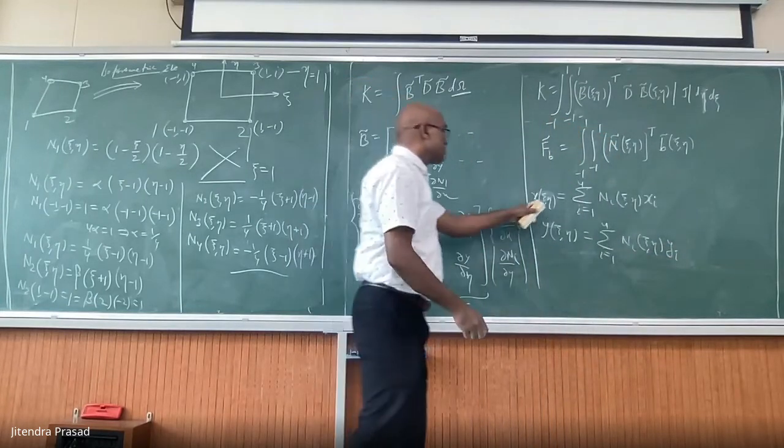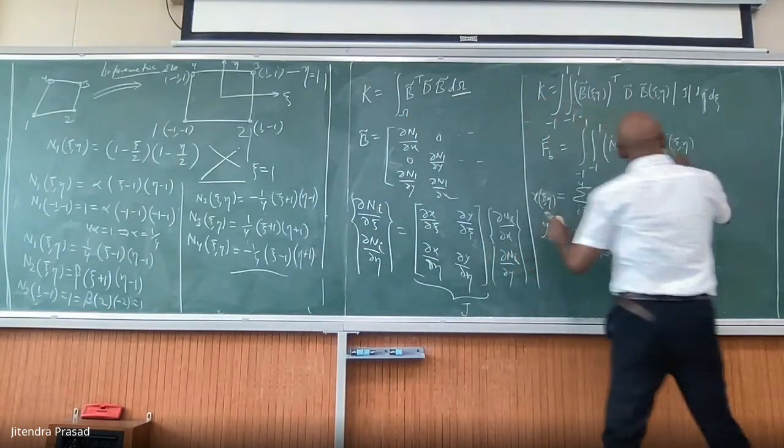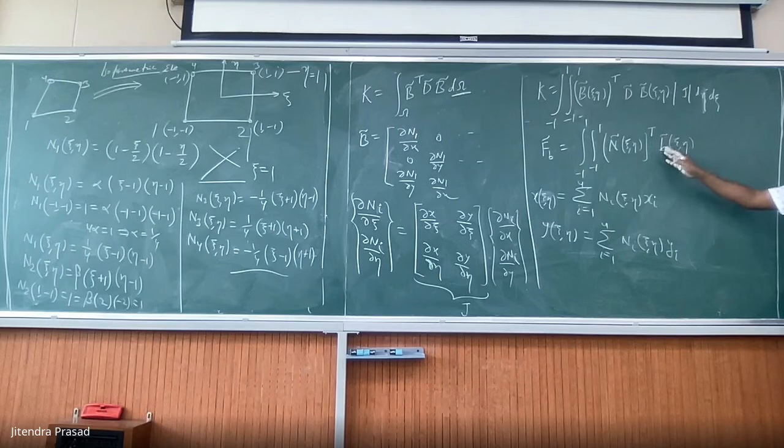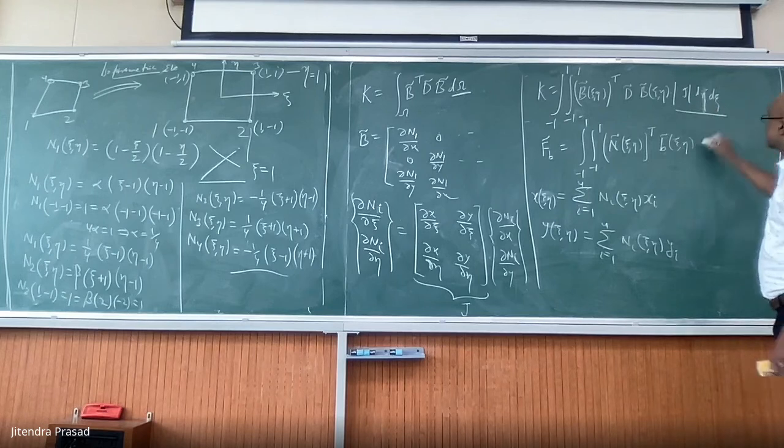So you replace any x, y inside the body force with this, and you will get the B matrix, this bx by, in terms of xi eta. Once you have that, the rest is this one.